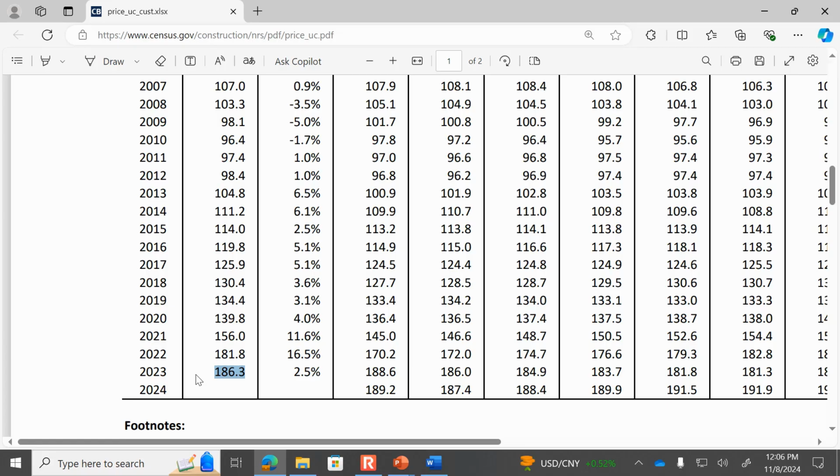So this ratio is the cost index. The $200,000 was the cost in 2005. The index in 2005 was 100. The index now is 186. And so then you could find out what the cost is today by multiplying the past cost by the ratio of the index values. So that's just an illustration.